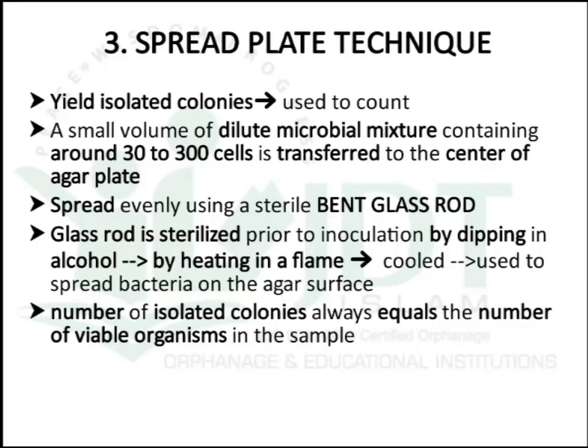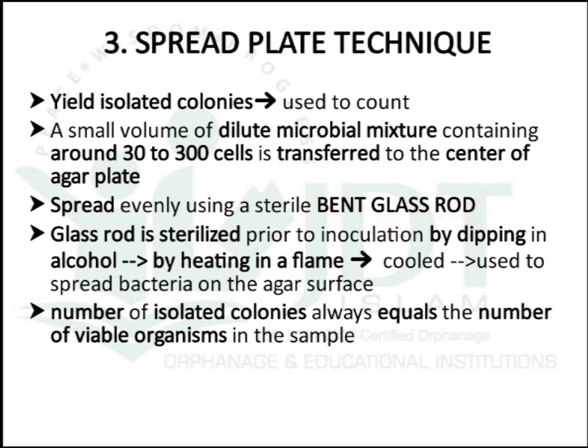Next one is spread plate method. This also yields isolated colonies and can be used to count the microorganisms, and a small quantity is diluted as mentioned before in the pour plate culture method, and we will take a sample containing 30 to 300 cells and transfer it into the center of a fresh sterilized agar plate, and we will spread this inoculum using a bent glass rod.